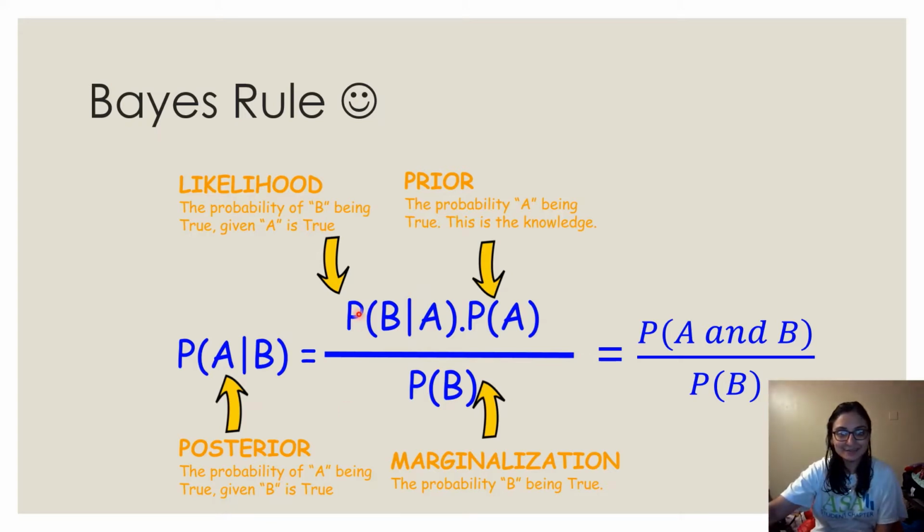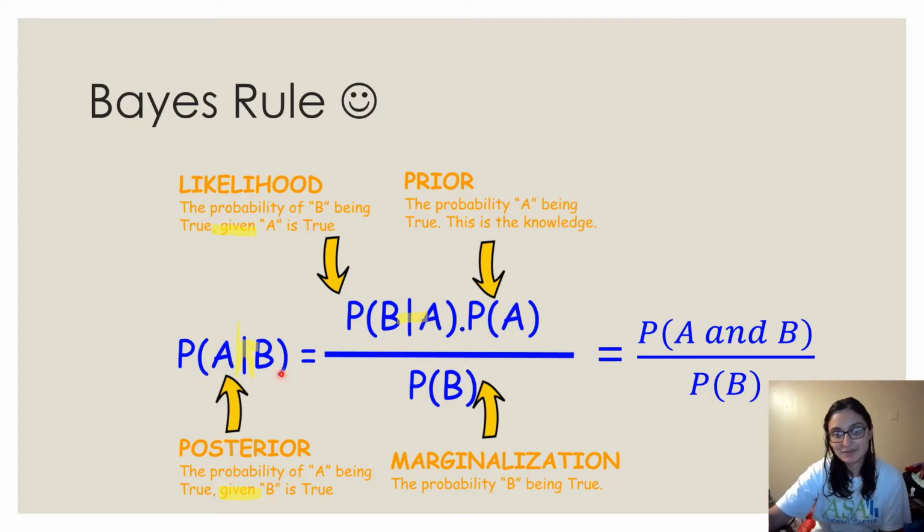In other words, the posterior probability of A being true given that B is true is given by this likelihood, the probability of B being true given that A is true. Whenever you see this part in probability problems, it is just saying given. It's always the probability of what comes before the line, given that what comes after was observed.